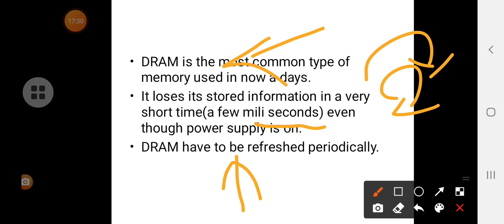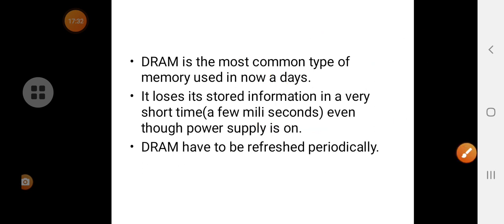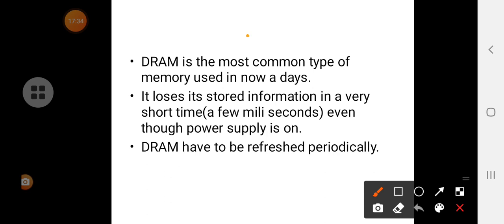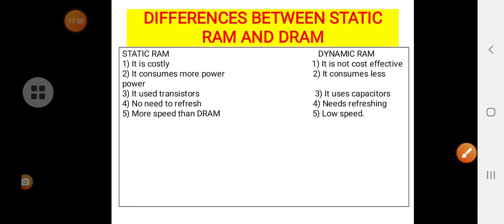You have to keep this in your mind. Again I'll repeat: this is DRAM, and nowadays it is more used. It loses its information in a few milliseconds, and DRAM has to be refreshed periodically.